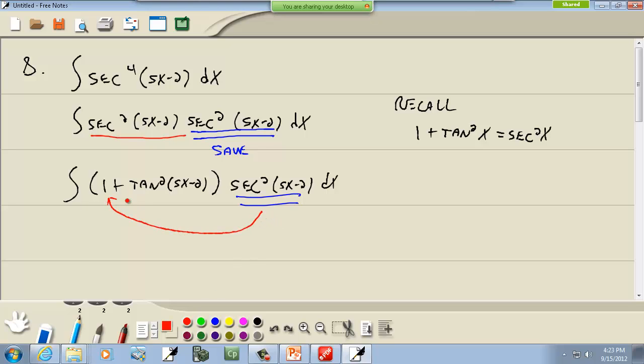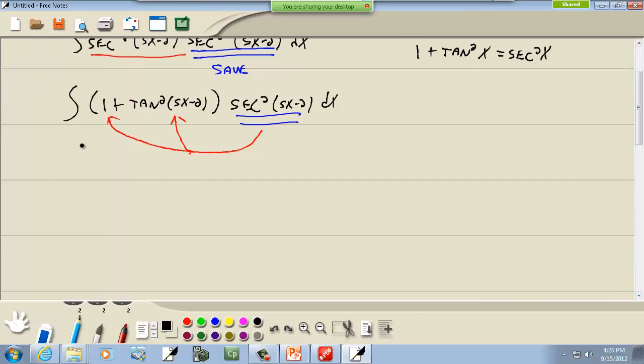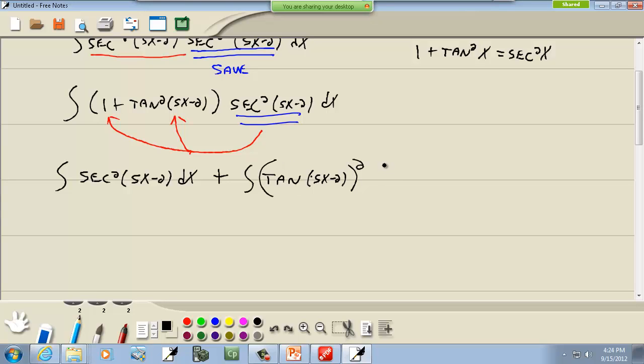We're going to take that and multiply it times the 1 and multiply it times this. And I'll split them into separate integrals while I'm doing that. So secant squared times 1 is secant squared. Plus secant squared times tangent squared is just the two put together. So we got tangent of 5x minus 2, and I'm going to rewrite that to the second power in this manner. And then secant squared 5x minus 2 dx.